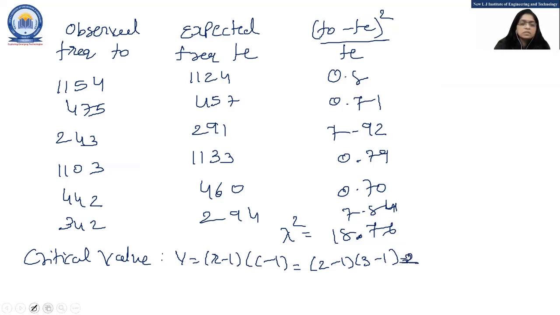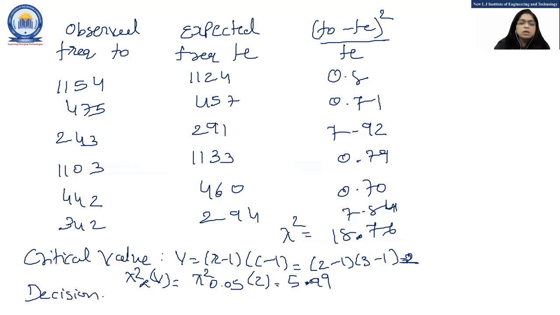So chi-square alpha V, chi-square 0.05 into 2, and that is 5.99. As my chi-square alpha is 5.99, decision is what? Chi-square is greater than chi-square alpha. Therefore, the null hypothesis is rejected.